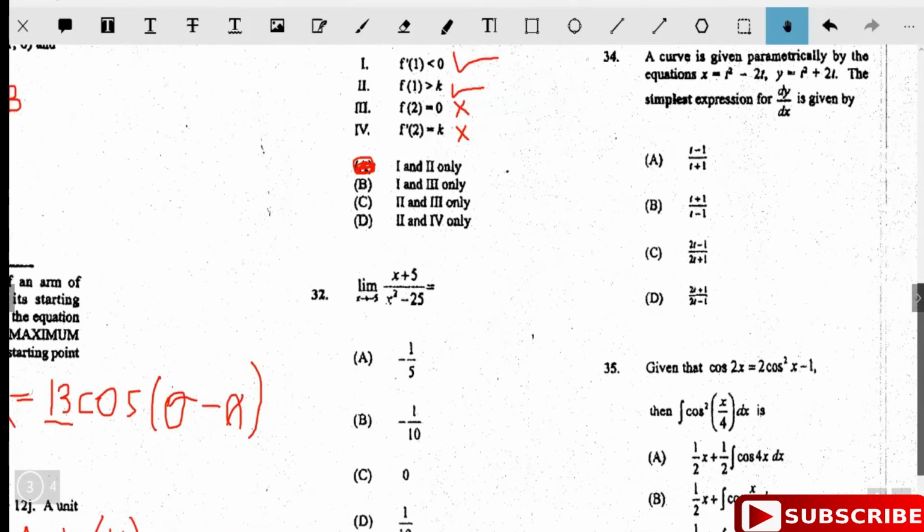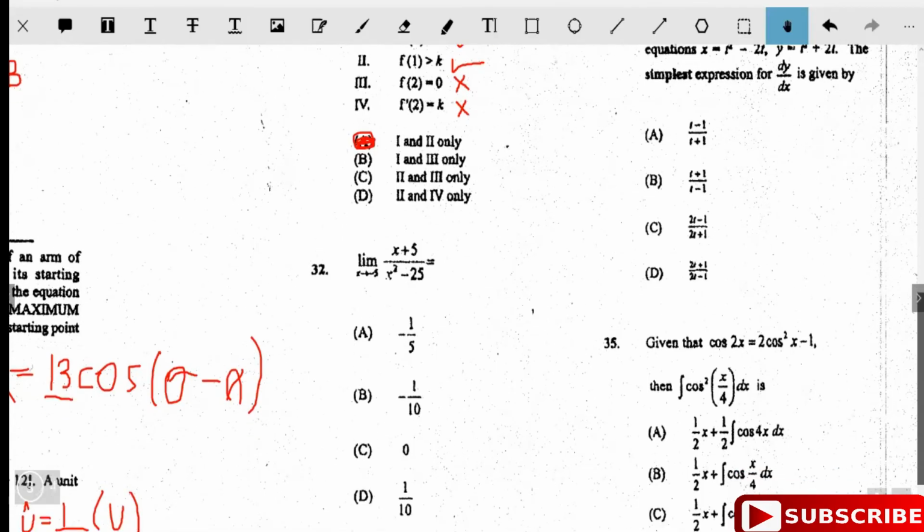Question 32. It says find the limit as x approaches -5 of x plus 5 over x squared minus 25. The answer looks like alpha.